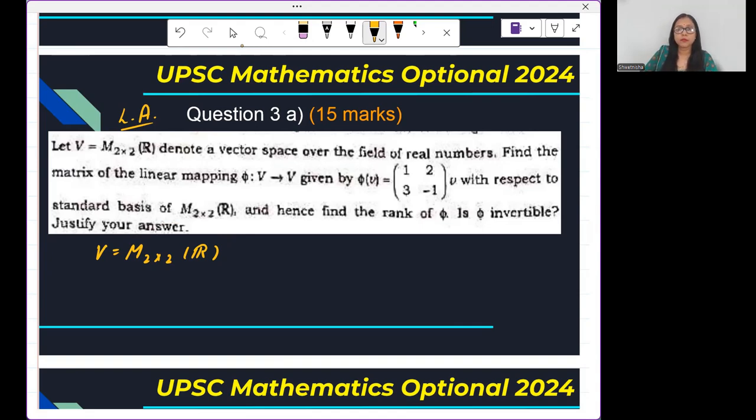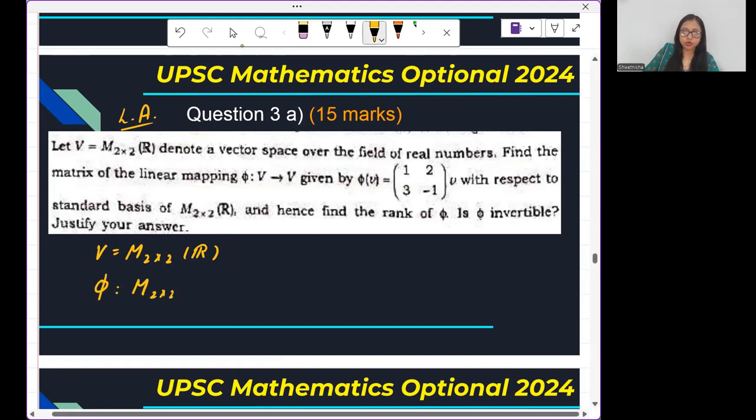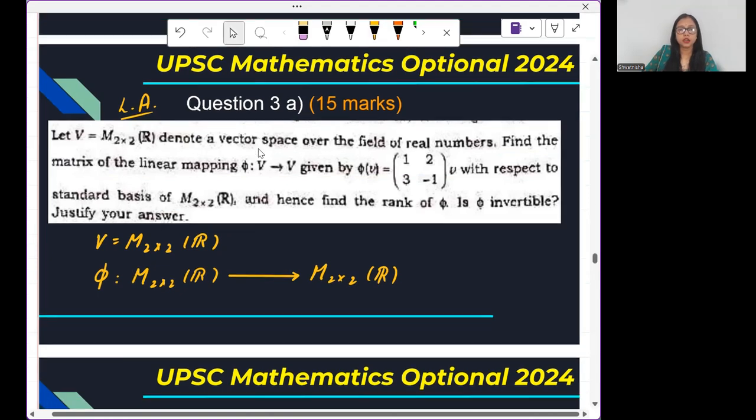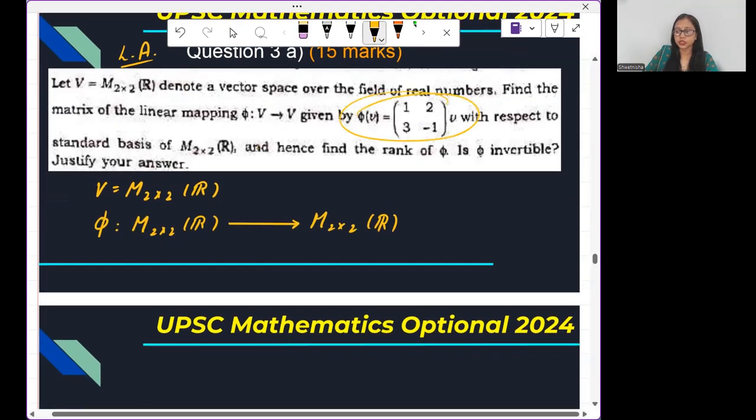This is given to us. Find the matrix of the linear mapping phi. Okay, so phi is the mapping from M2 cross 2R to M2 cross 2R, correct? It is given by phi of V is this.